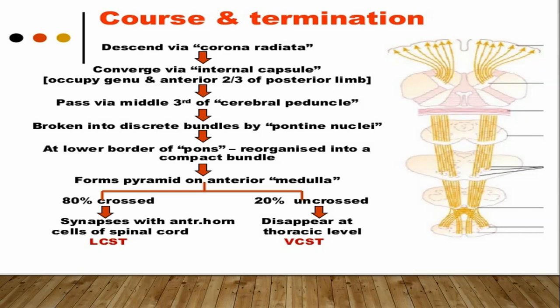The fibers which decussate at the pyramids, called the lateral corticospinal tract, which are 80% of the fibers, the crossed fibers, directly supply the distal muscles through anterior horn cells.